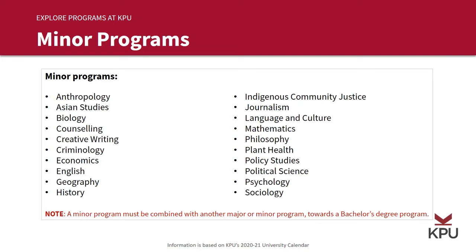So if you plan your courses well at an early stage, you can have a major in one program and at the same time graduate with a minor in another subject as well. Basically, by fulfilling the requirements of a minor program, you have more options, you diversify your options actually. But minor programs cannot be attained on their own.